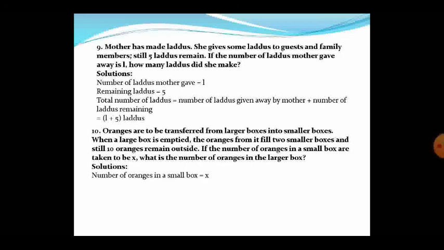First, the oranges are kept in larger boxes, and they are transferred to smaller boxes. When a large box is emptied, it means the large box is completely empty. The oranges from it fill two smaller boxes, and still after filling, 10 oranges are remaining outside.